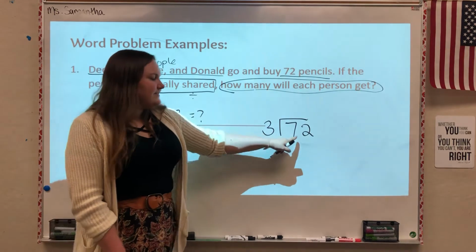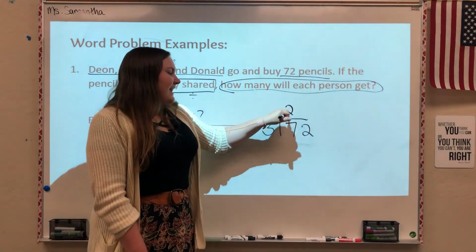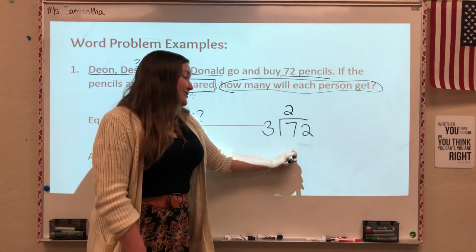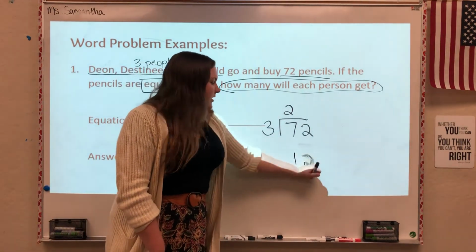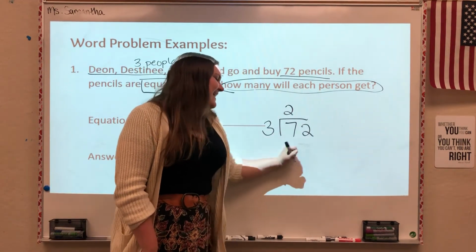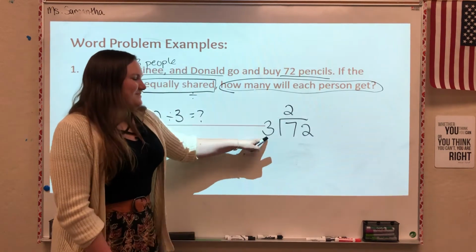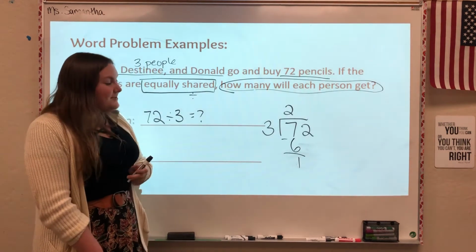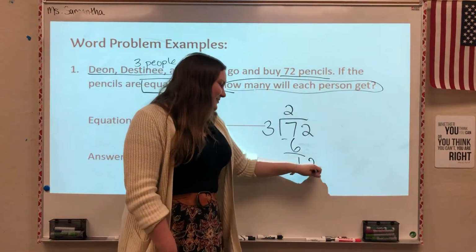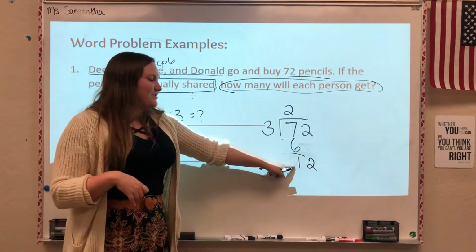Well, 3 goes into 7 twice, and there's a remainder of 1. You can just write the remainder 1 if you want and bring down your 2, or you can go ahead and say 2 times 3 is 6, subtract, and see the remainder as 1, and then afterwards bring down your 2. Either way, we're left with a 12 here.